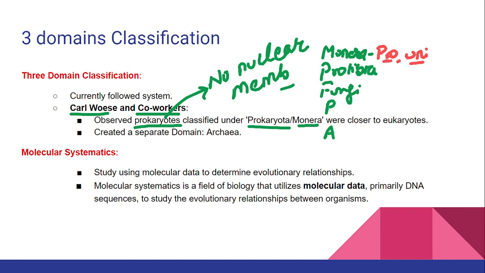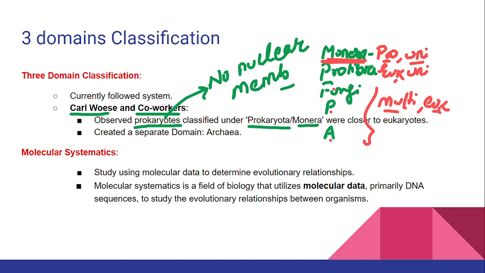All the organisms which are unicellular and prokaryote, I am going to place under Monera. Protista is again unicellular but eukaryote. The rest are all multicellular eukaryotes. So any organism which is eukaryote and multicellular, I am supposed to place under fungi, plants or animals. I am not going to place it under Monera and Protista.